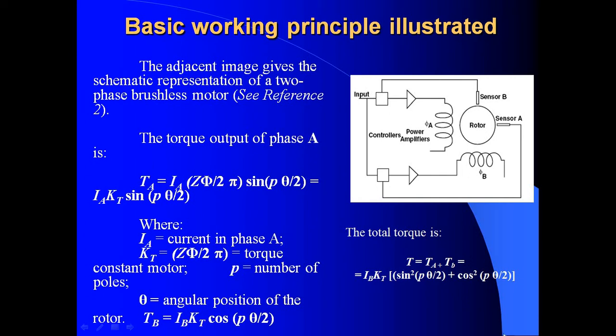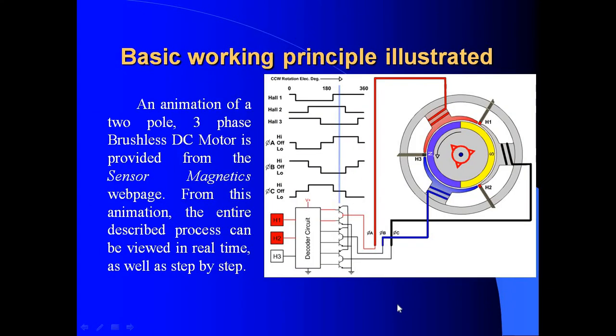Here Ia is the current in phase A, KT is Zφ/2π, the torque constant, and P is the number of poles. The total torque is T = T_A + T_B, that is, Ip KT (sin²(Pθ/2) + cos²(Pθ/2)), and θ is the angular position. Then T = Ip KT cos(Pθ/2).